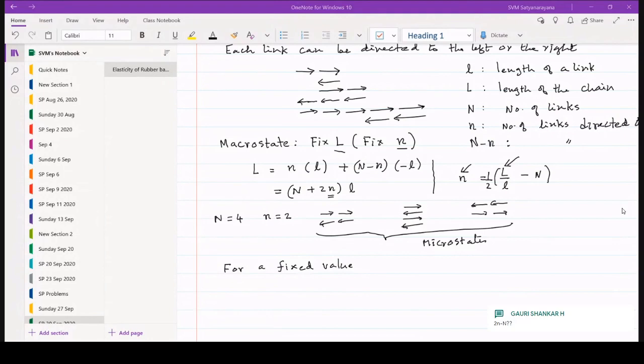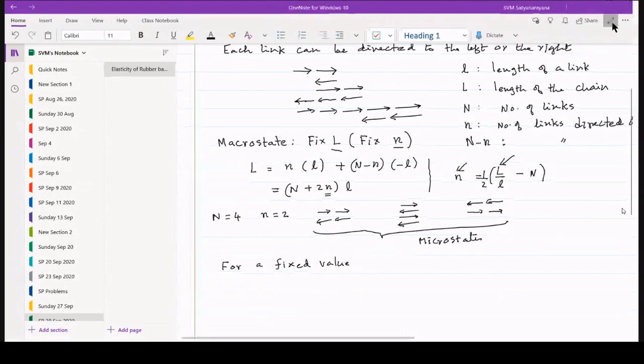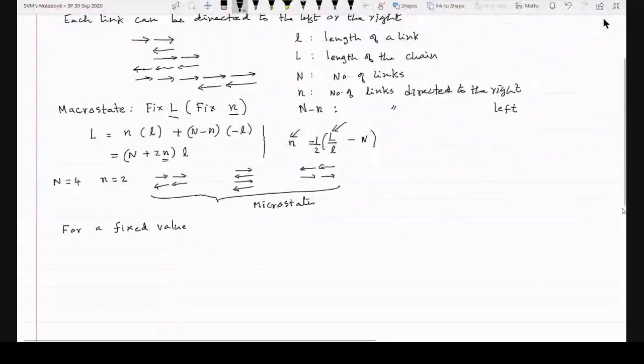Okay, so what I'm trying to say here is, if there are n links directed to the right, then the length they contribute is n times L. This is correct. And there are N minus n links directed to the left, so that will contribute a length of minus L. Is that correct?